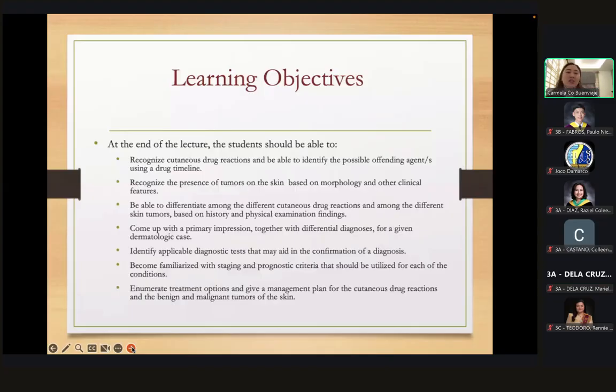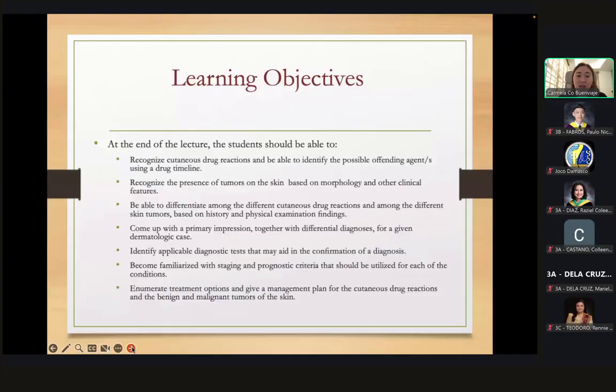At the end of this lecture, you should be able to recognize cutaneous drug reactions and identify the possible offending agents using a drug timeline, and then recognize the presence of tumors on the skin based on morphology and other clinical features, and be able to differentiate among the different cutaneous drug reactions and different skin tumors based on history and physical examination findings, and then come up with a primary impression together with a differential diagnosis for a given dermatologic case.